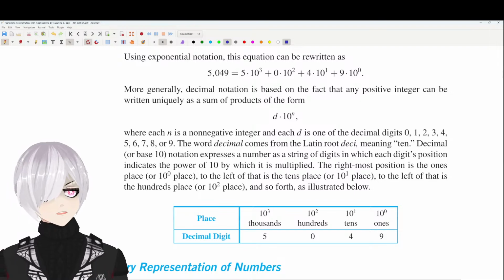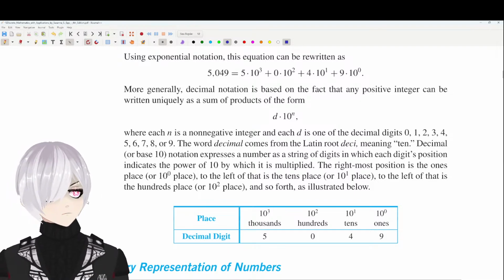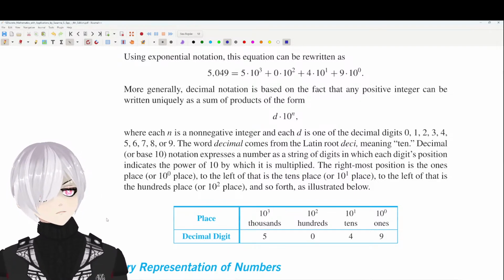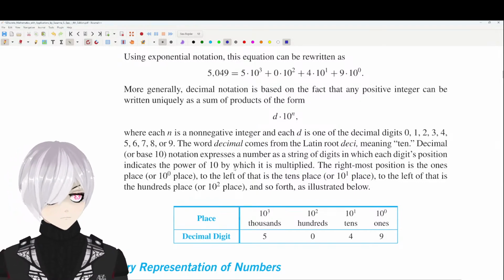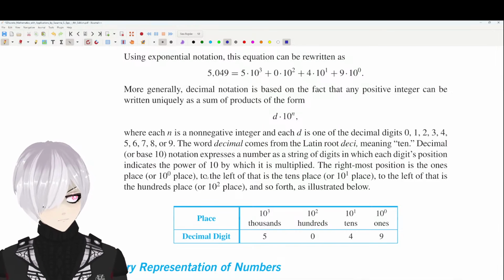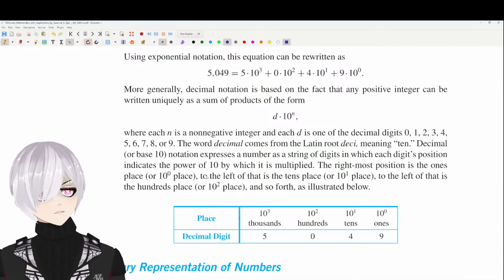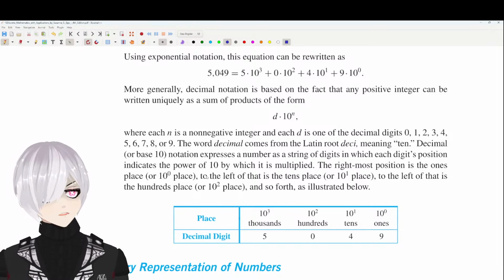Decimal or base 10 notation expresses a number as a string of digits in which each digit's position indicates the power of 10 by which it is multiplied. The rightmost position is the ones place, or 10 to the 0th place. To the left of that is the tens place. To the left of that is the hundreds place, and so forth, as illustrated below.